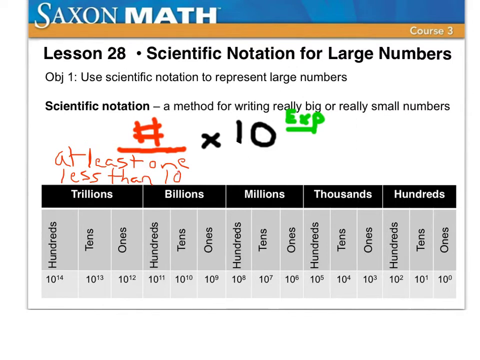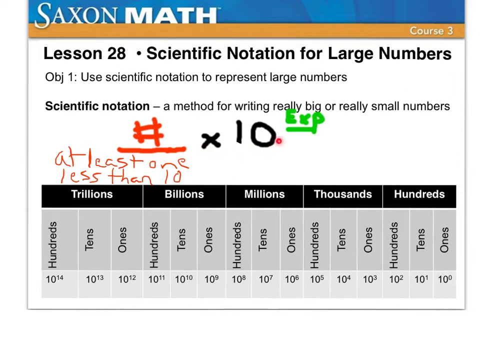So it can't be 10, it's got to be less than that. It's like 9 or 9.9. It could be 1, but it's got to be at least 1, meaning 1 or bigger. So it could be 1, 1.1, 1.2, but at least 1 and less than 10. A lot of times it's going to be a decimal number, like 5.2 or something like that.